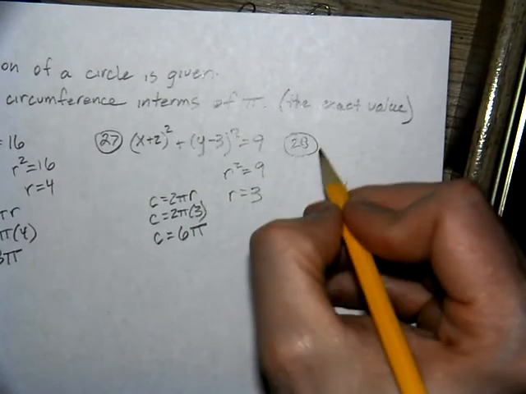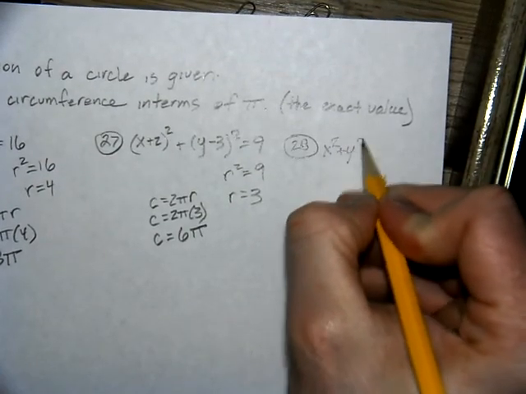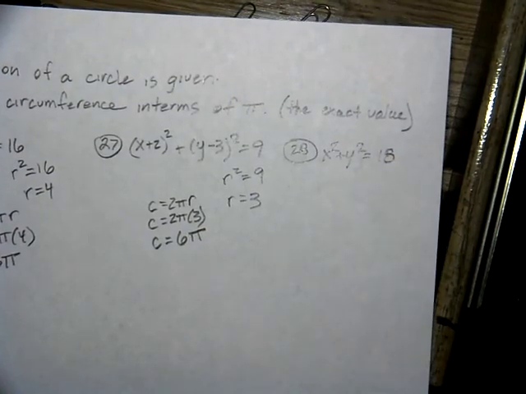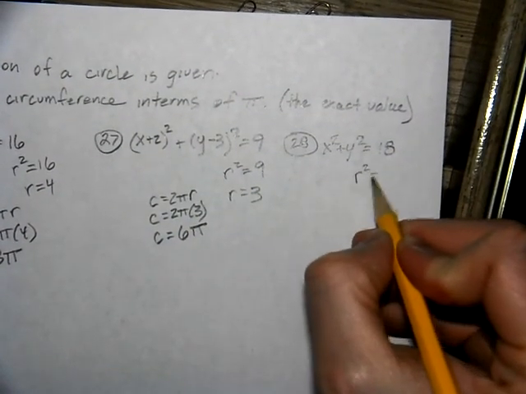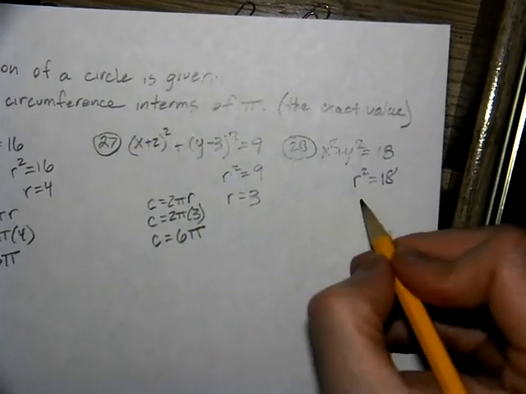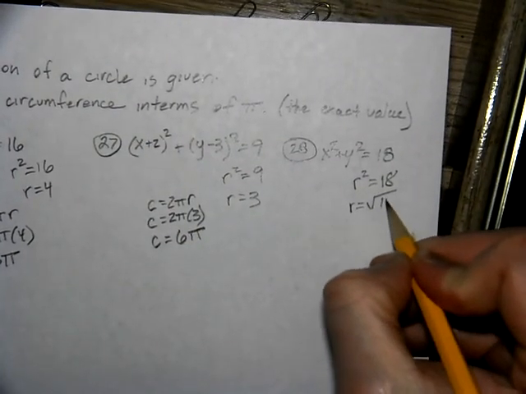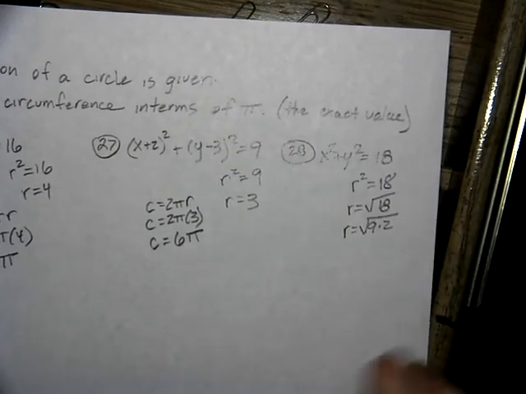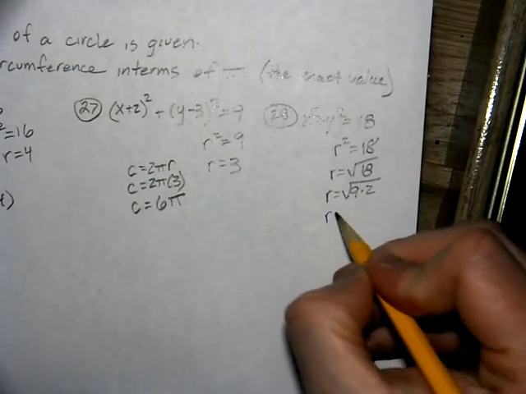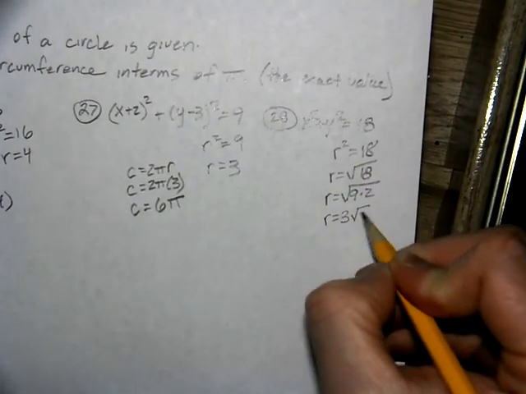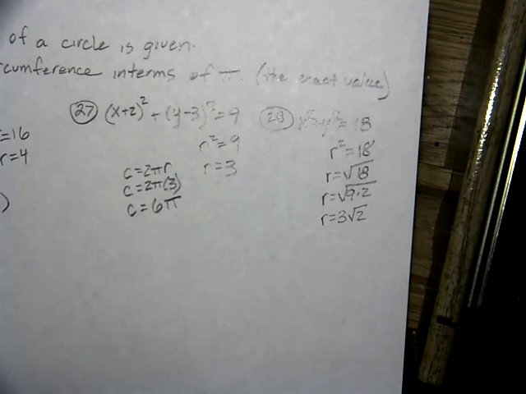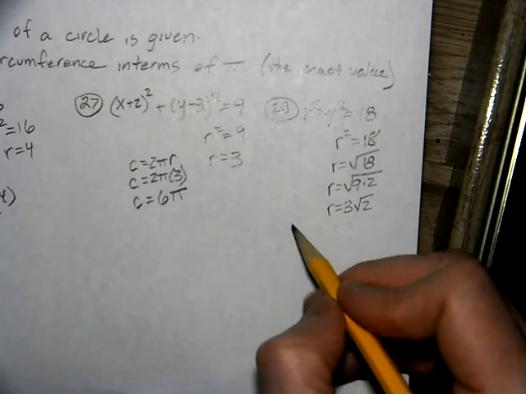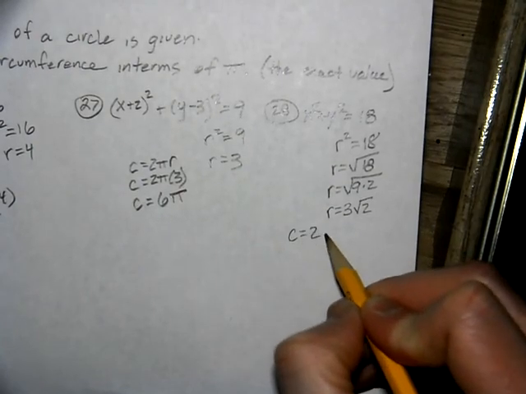Our last one, x squared plus y squared equals 18. Well, we know that r squared equals 18, so when you take the square root of 18, we're going to get the square root of 9 times 2. 9 times 2 can be reduced down to 3 root 2. And then we can plug that into our circumference formula.